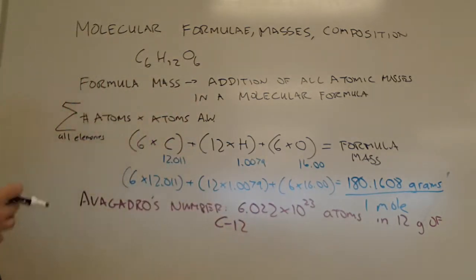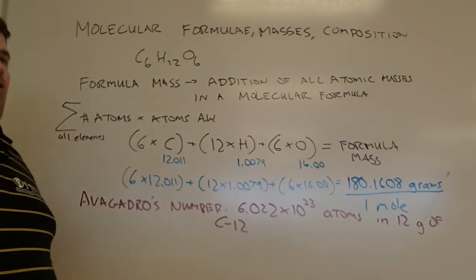It's important to designate that it's carbon-12. He was able to figure this out with isotopically pure carbon, and this number became something that we use as a standard. If you notice in the periodic table, carbon's mass is 12.011 because you have to include the isotopes.